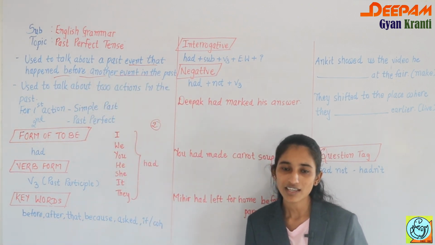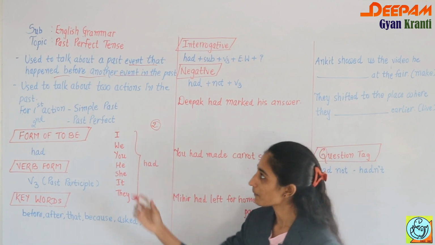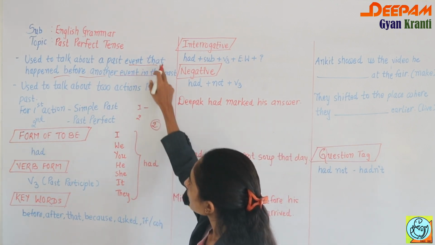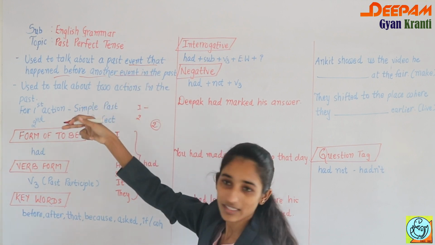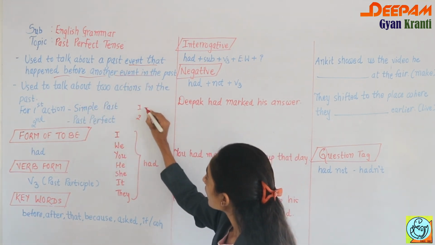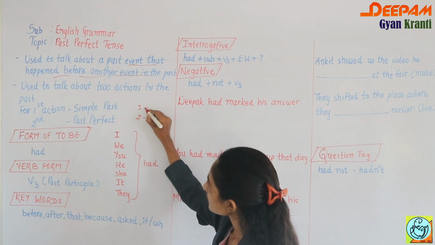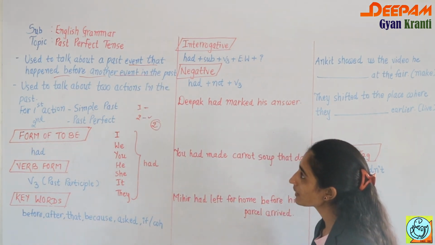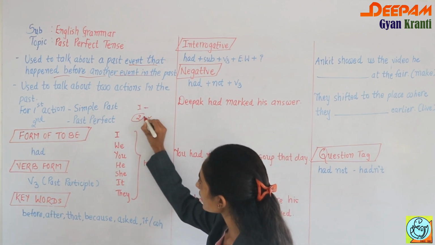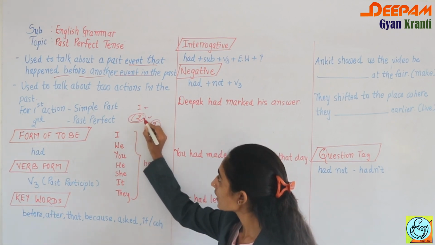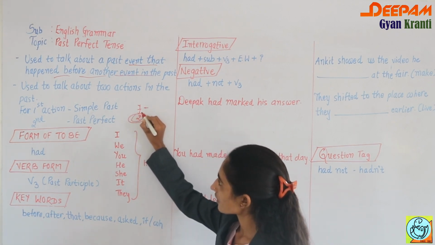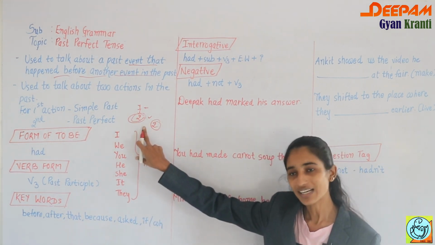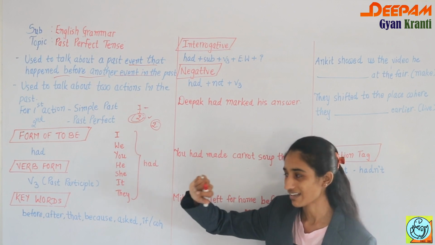We can say one happened before the other event in the past, meaning second and first. If we are talking about the second action, the first one had already happened before the second one. So for that we have to use the past perfect tense.